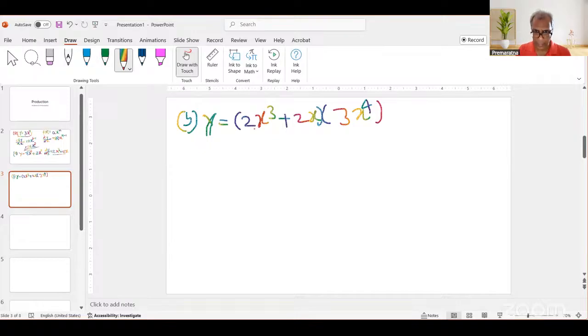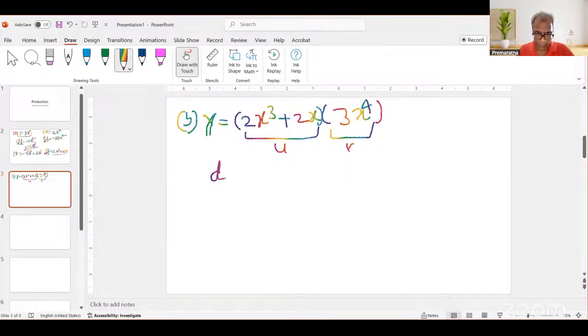To understand, I will call this part u and this part v. Then the rule applies.